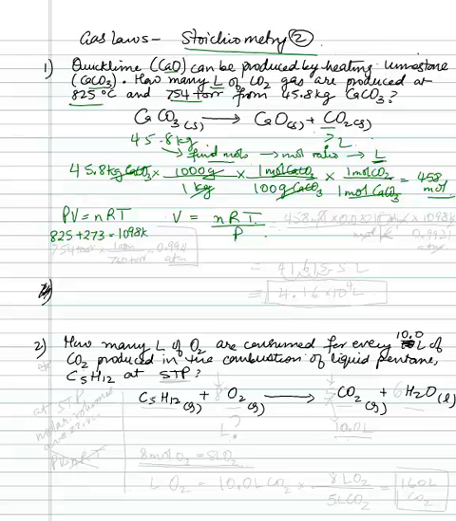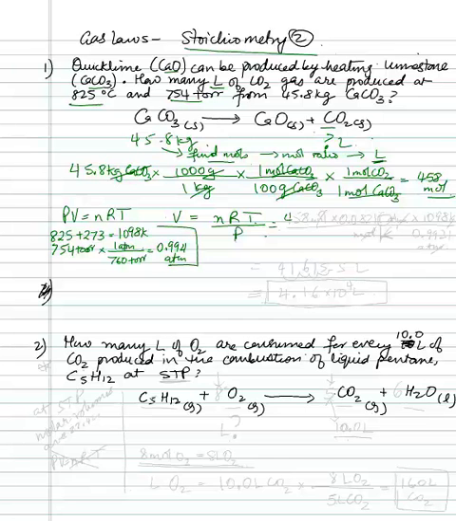The pressure is 754 torr, so let's convert that into atmospheres: divided by 760 torr, this is equal to 0.9921 atmosphere.